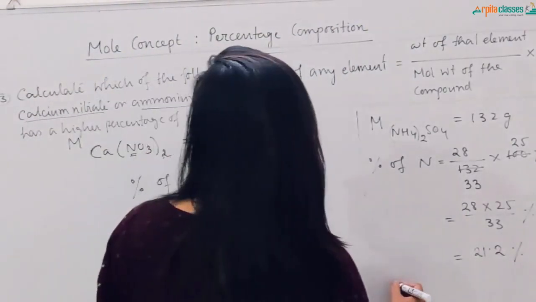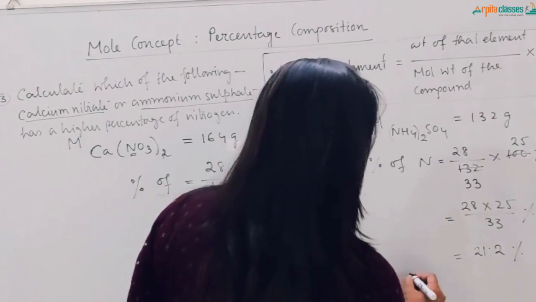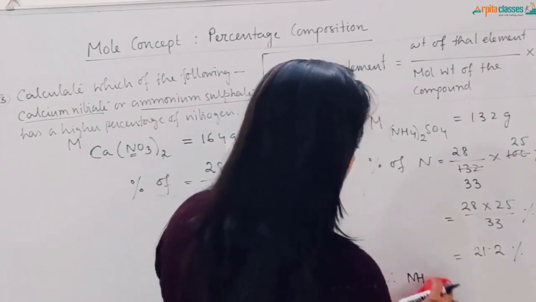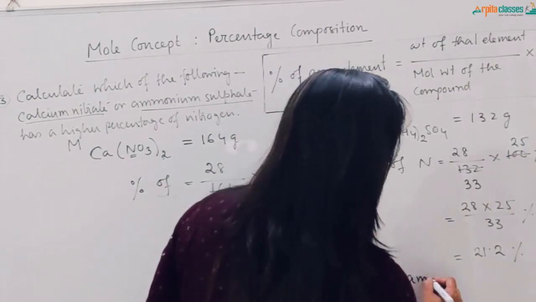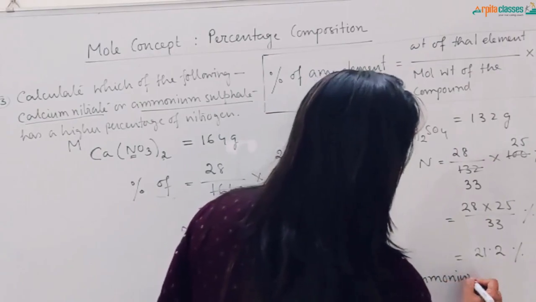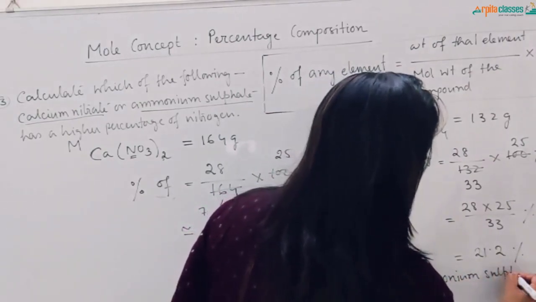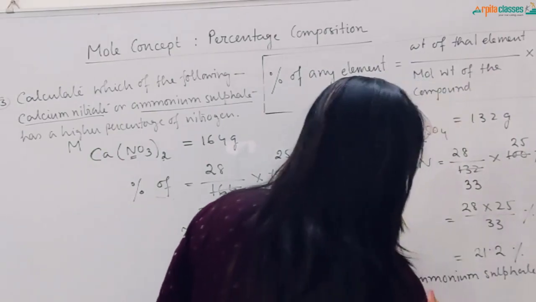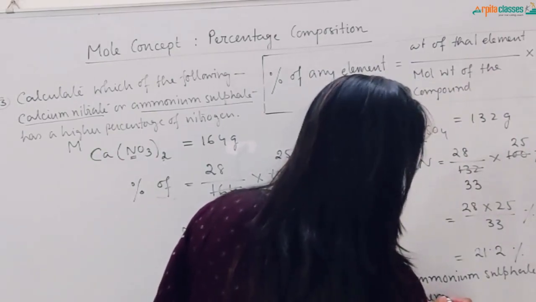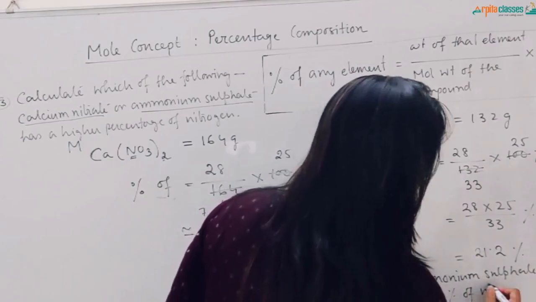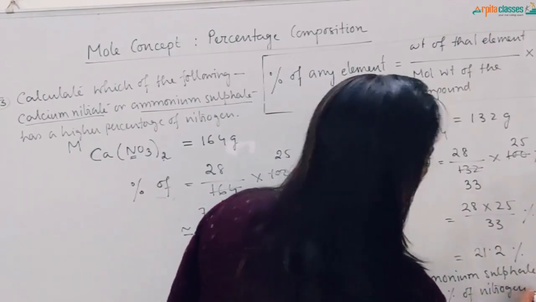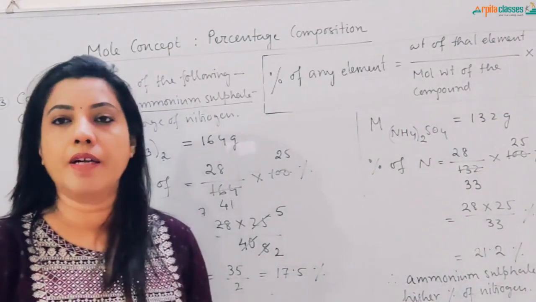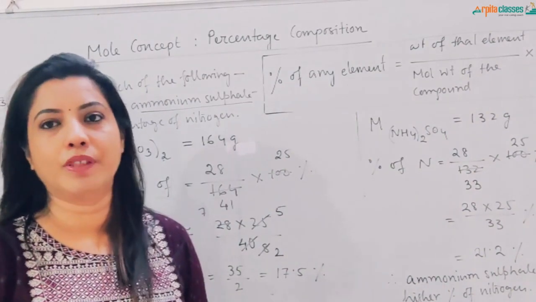So the last line we should write, ammonium sulfate contains higher percentage of nitrogen. Ammonium sulfate contains higher percentage of nitrogen.